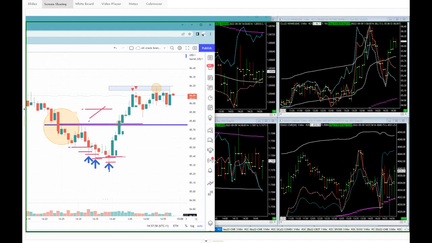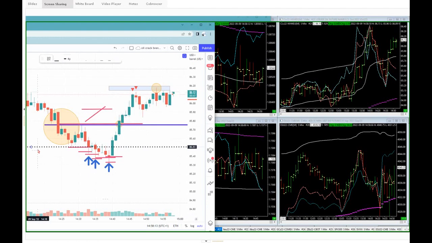Two reasons why this might be a wholesale price. Well, the first reason is we've just taken out 85.50, which is always going to be a wholesale price. Whether we want to buy from or sell from it, it doesn't make any difference. We've just taken out the 50.